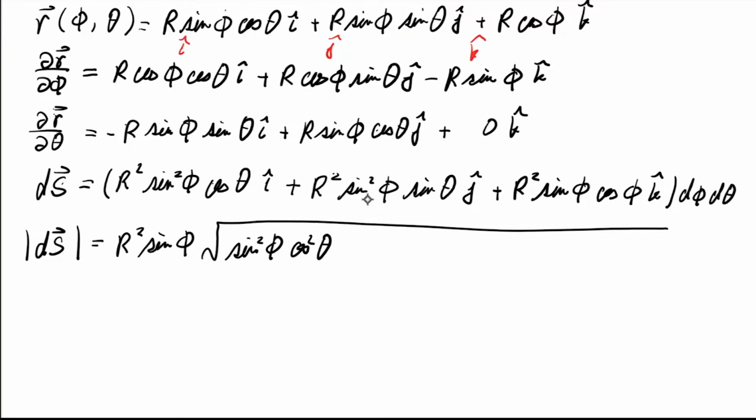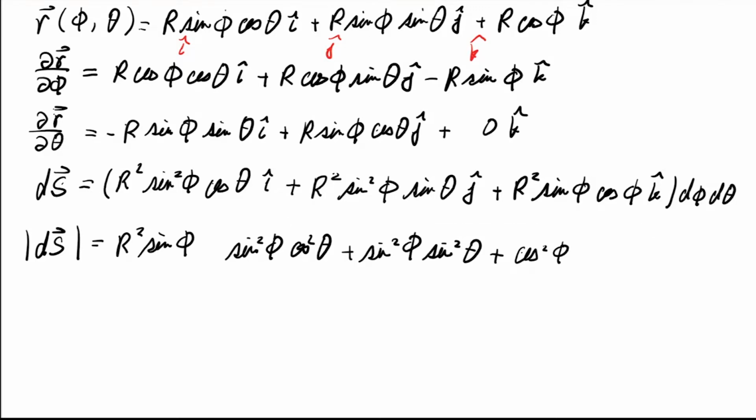I'm basically taking a dot product of this vector by itself and putting it under the square root. Sine phi is out, so you have another sine squared phi, and then here's a sine squared theta. Good. And then plus this thing, sine is gone, so we have cosine squared phi, and the d phi and d theta. You with me?